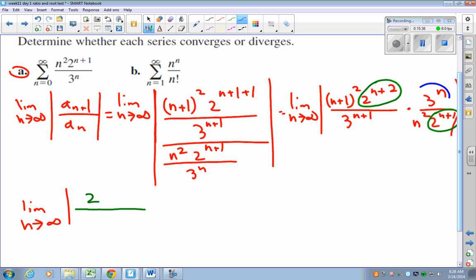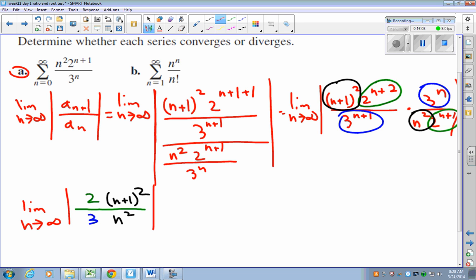Let's look at this piece: there's one extra 3, but it's on the bottom this time, so I put the 3 there. Now, do not get giddy and start canceling things out on this n plus 1 squared and n squared. They are different beasts. Yes, they're both squared, but it is one guy squared versus another guy squared. They don't cancel out immediately. So I'm going to put n plus 1 squared and n squared there. I can't cancel just from that.